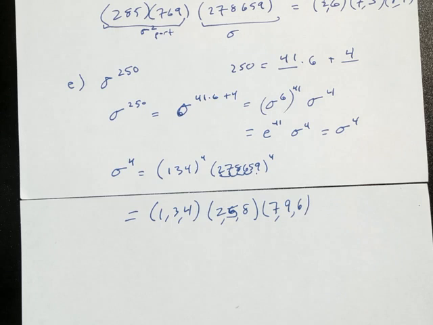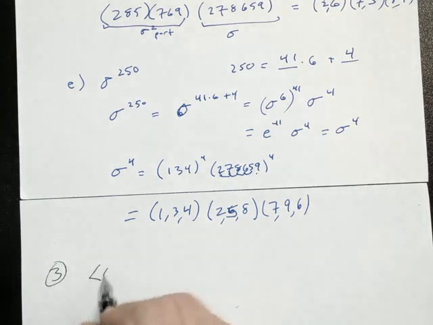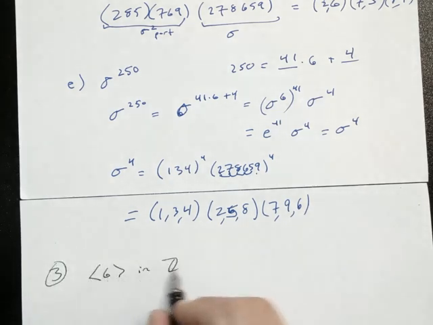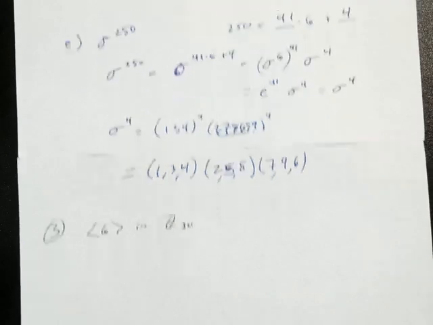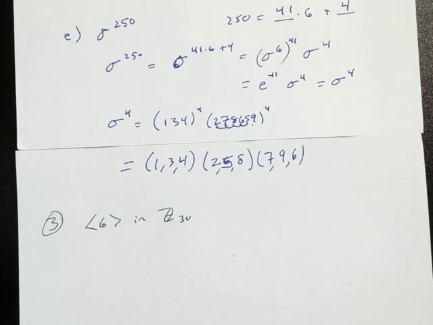In Z30, I'm looking for cosets. It says find the cosets, not just count them, find them.